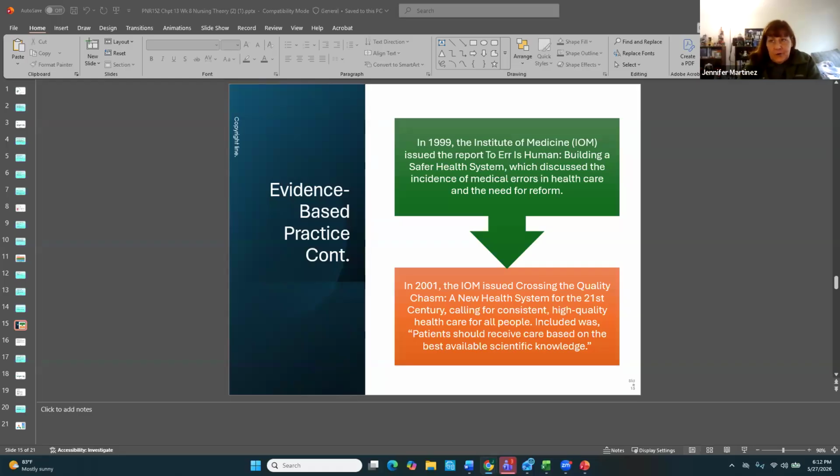And so we have known, if you've watched the news, even TikTok, Facebook, any of those, you can see that there are still significant issues within the healthcare system. This could be wrong site, wrong patient surgeries, even retained foreign objects.